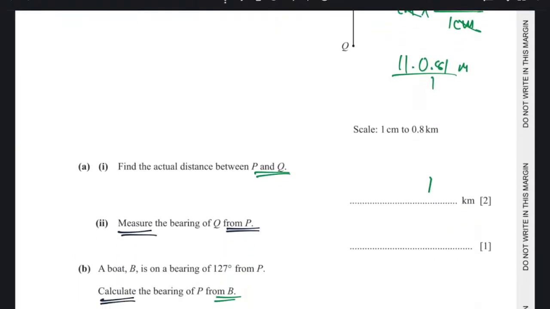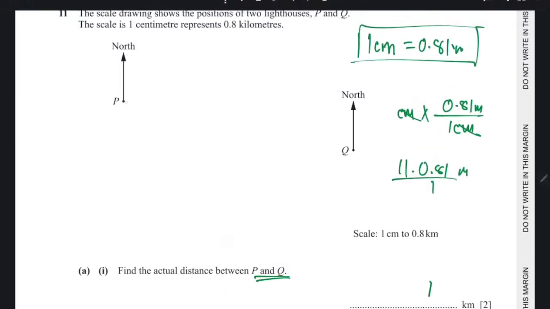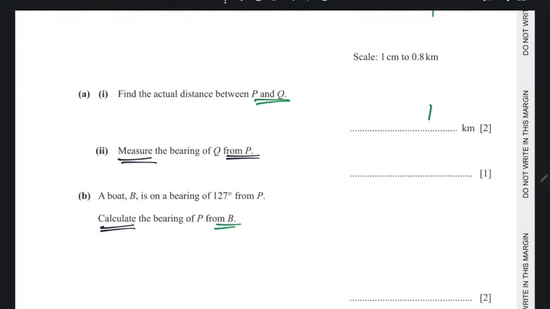Yes, we're saying 127. 90 will be like this. So 127 will go down a little bit like this. Anything more than 90 is okay. And we will call this B.